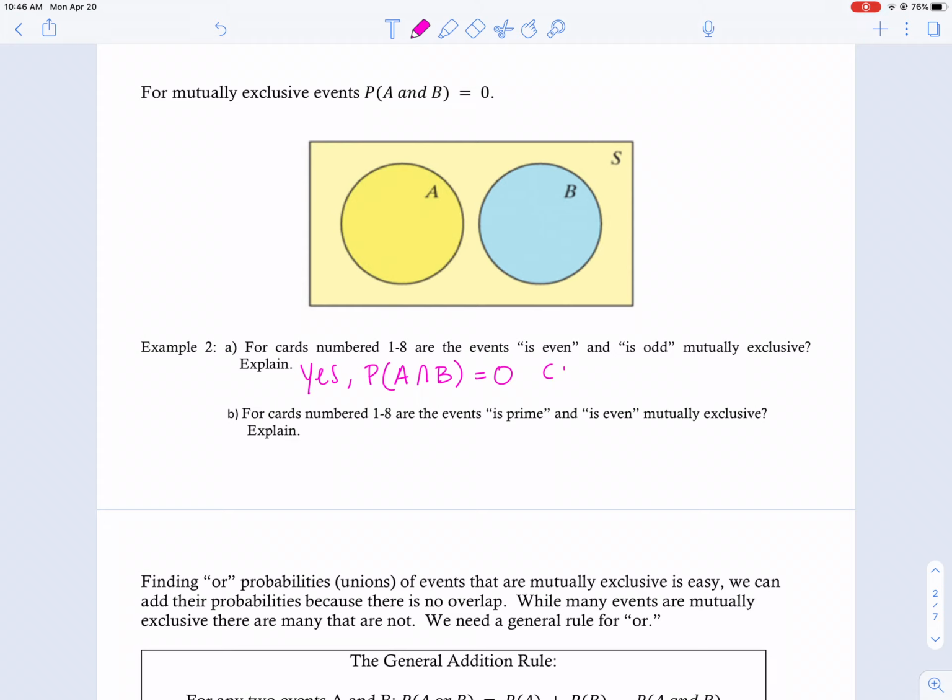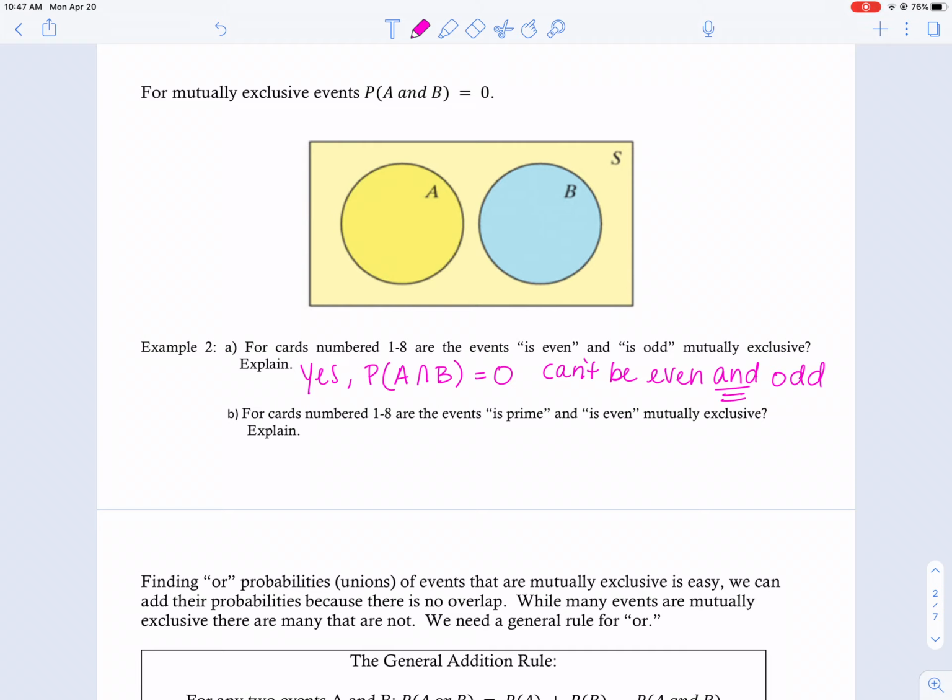It can't be even and odd. Remember, it could be even and prime, but it couldn't be even and odd.